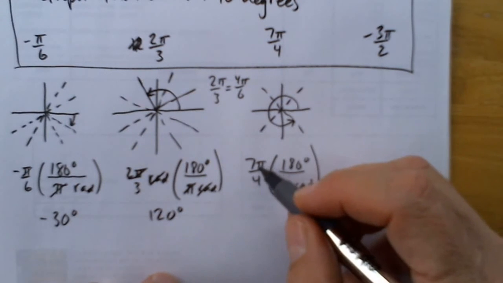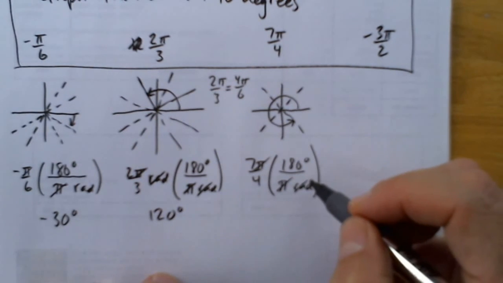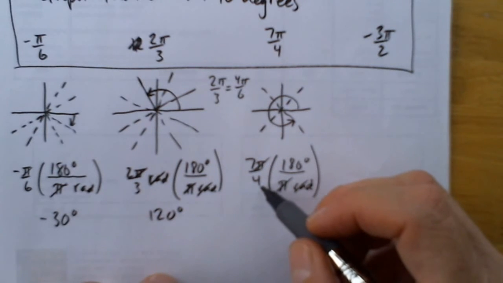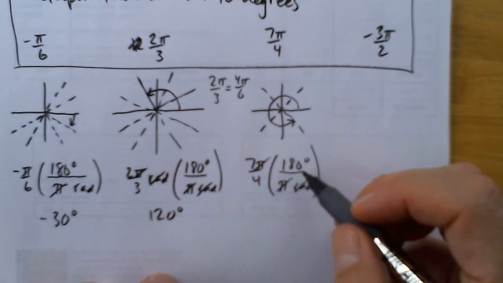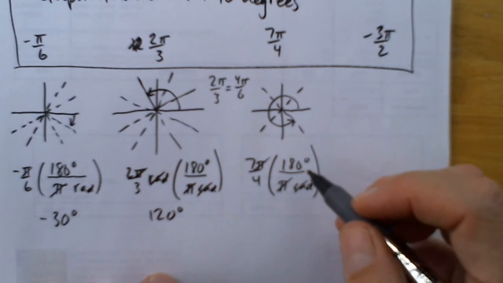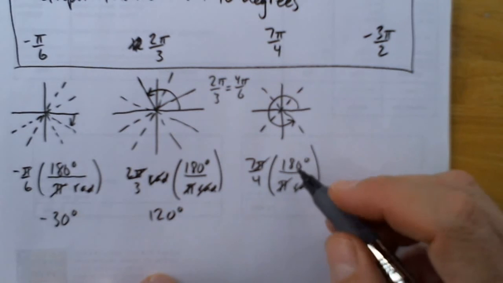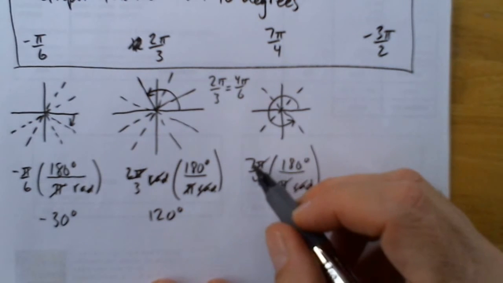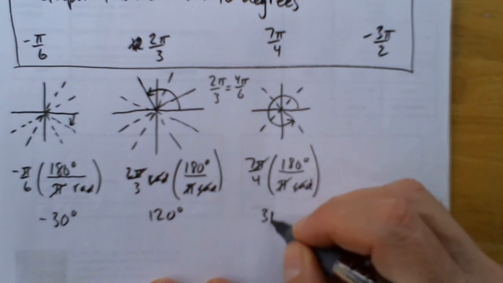So here we have radians, we have pi canceling, radians cancel. 180 divided by 4. We get 315 because it's 45 times 7, so we get 315.